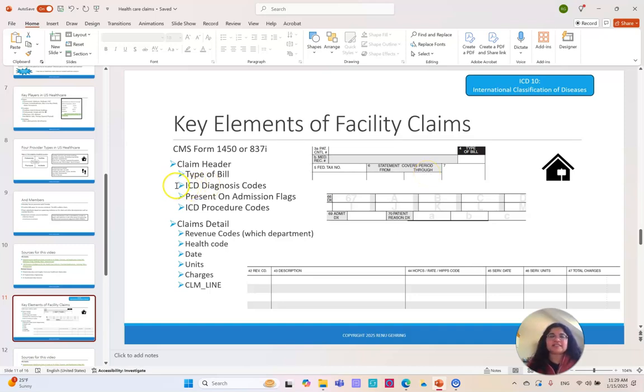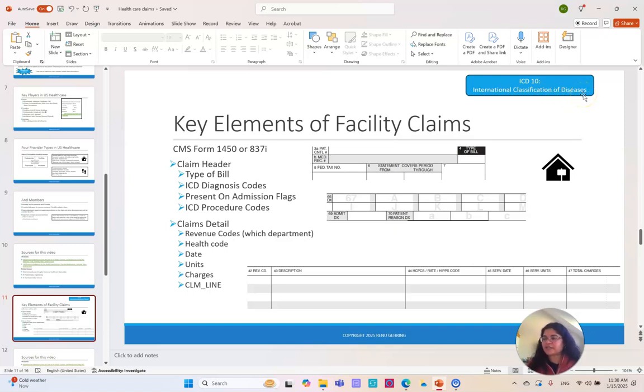So the next set of codes that is available, and you can see this in this 6.6, DX. DX stands for diagnosis, and this is ICD diagnosis codes. There are many ICD diagnosis codes on the claim, as well as present on admission flags. These are yes/no flags. Was this diagnosis present on the admission? And ICD stands for International Classification of Diseases.